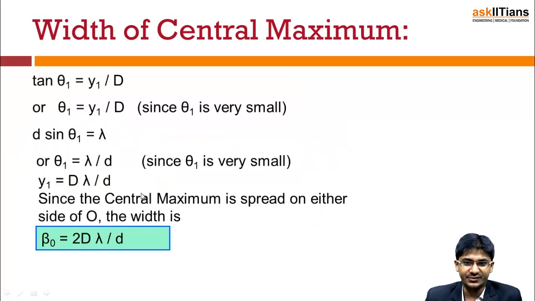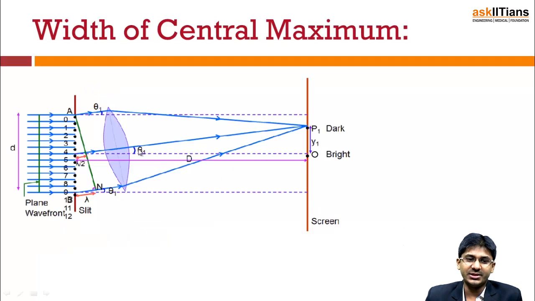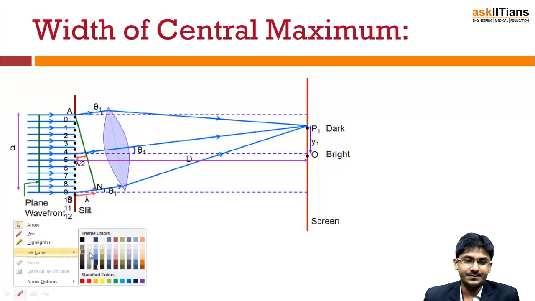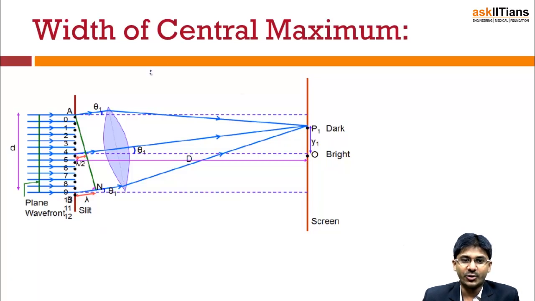So we do the calculation here. Now we have seen that tan theta is y1 by D, this is theta 1. We should always keep in mind that for a small theta, which is very frequently used, sin theta is equal to tan theta is equal to theta.